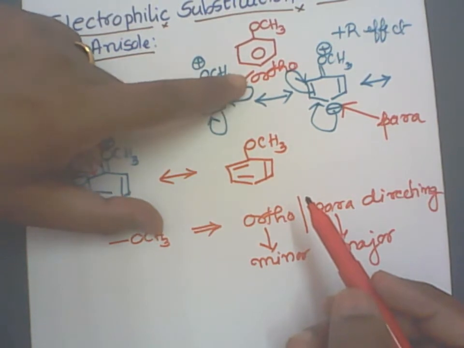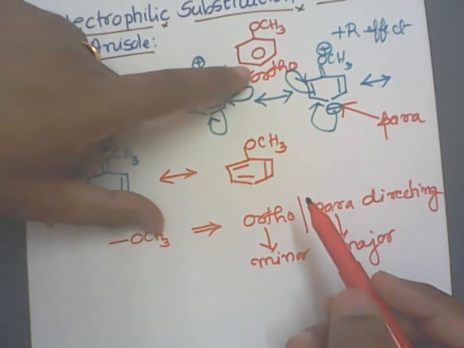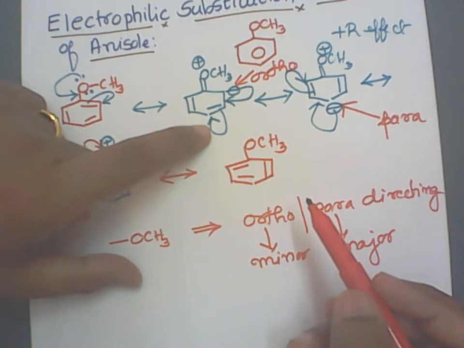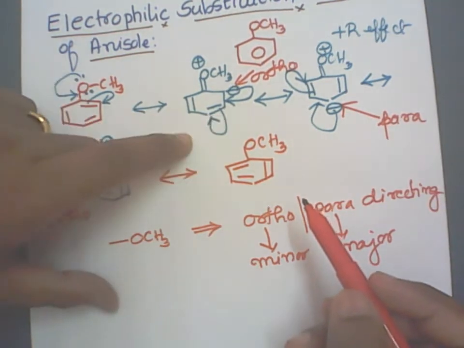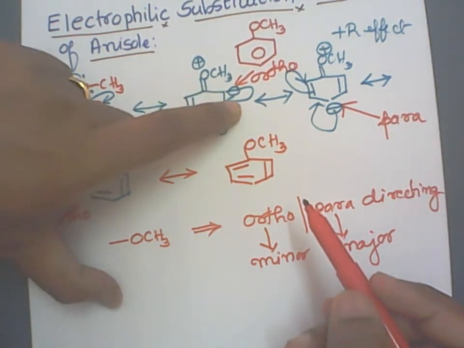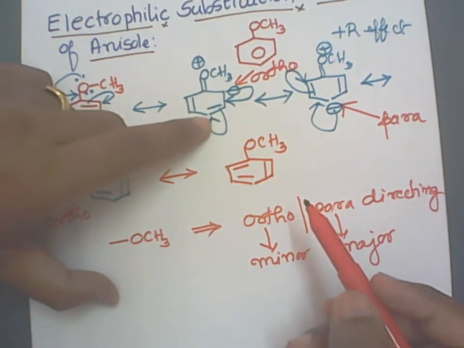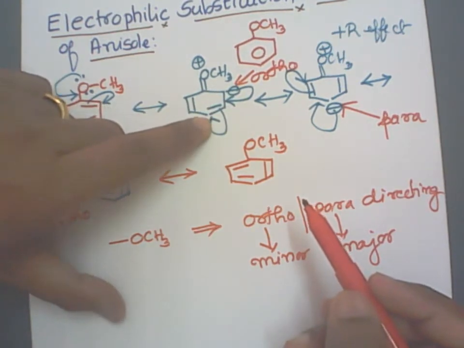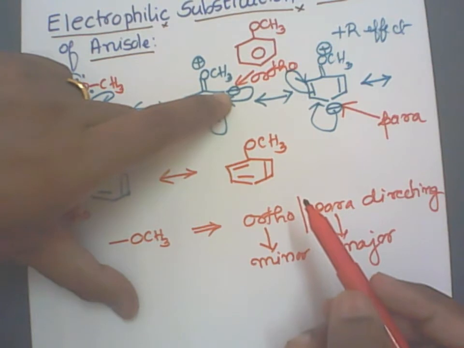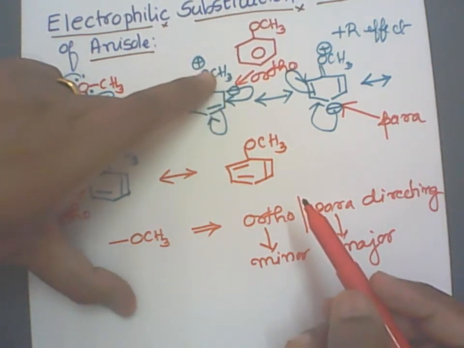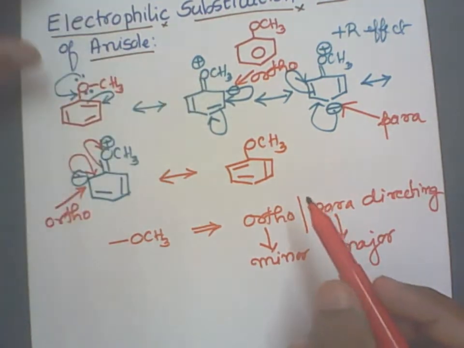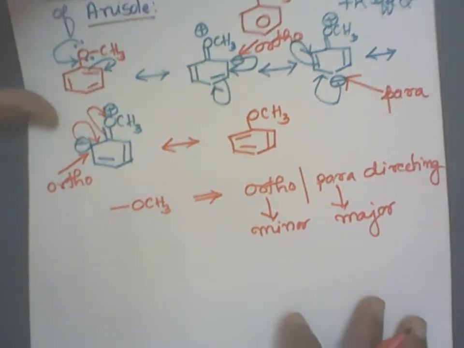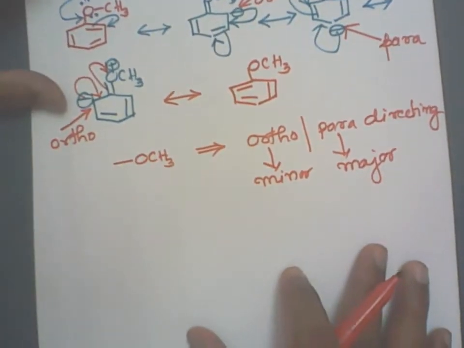Therefore, the electrophile cannot easily attack the ortho position, but it can easily come to the para position because there is no overcrowding of atoms on the neighboring carbon atom. So para will be the major product because there is no steric hindrance, whereas ortho will be the minor product because of hindrance due to the neighboring substituent. So let us start with the reactions of electrophilic substitution.